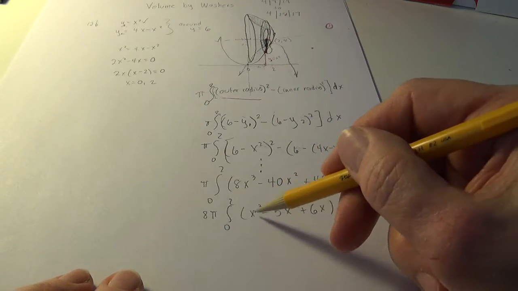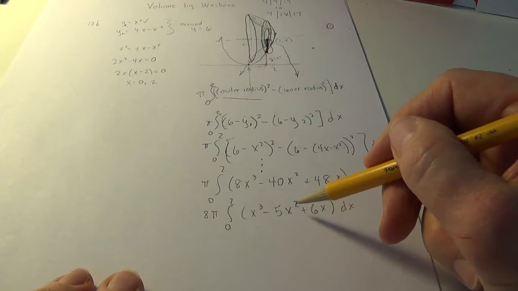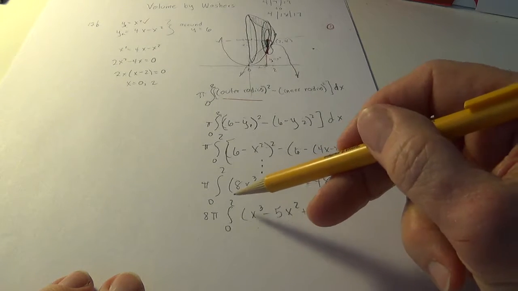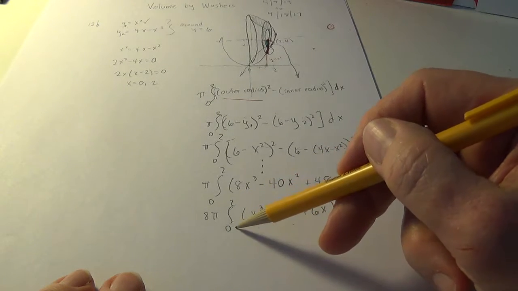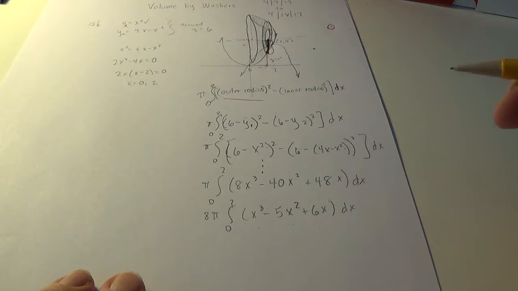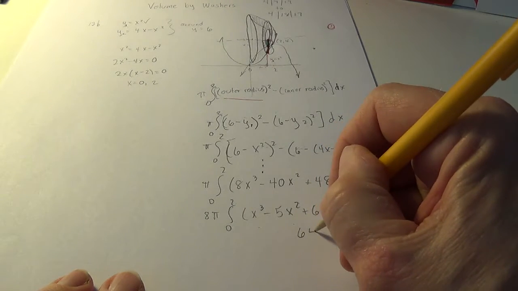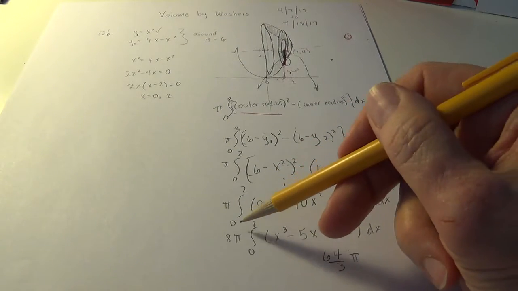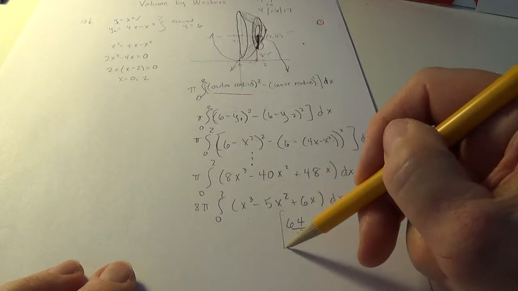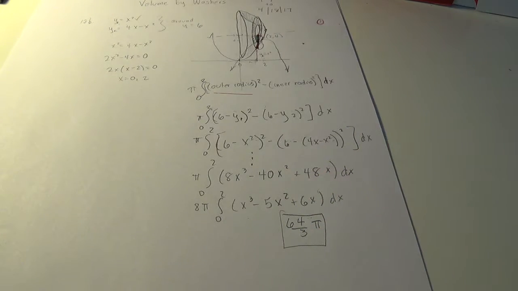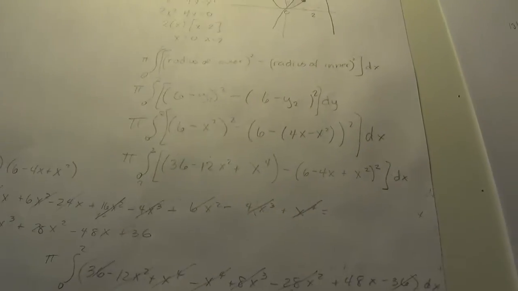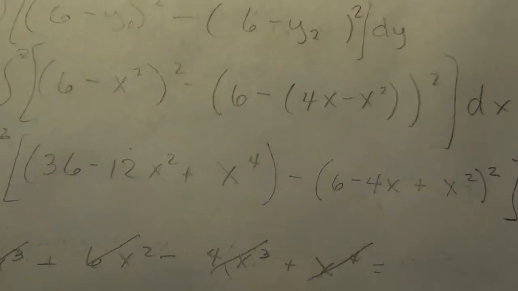When I got x to the 4th over 4, 5x to the 3rd over 3, 6x squared over 2, and put in the 2 in those spots and the 0 part zeroed out, I ended up with 64 over 3 pi once I multiplied the 8 pi through. So I'll show you my work, but again I'm not going to talk you through it, so in case you're trying to do it by hand as well, you can see if you agree with me.